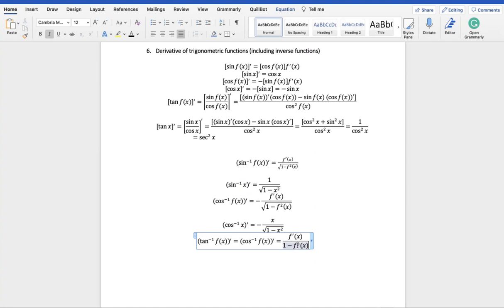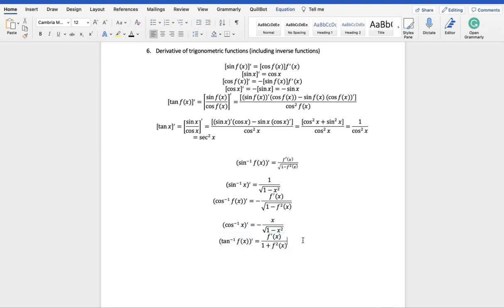Sorry, not minus, but rather 1 plus. So that's the general form for tan inverse of f of x. Sorry, I forgot to erase this. This should not be there.